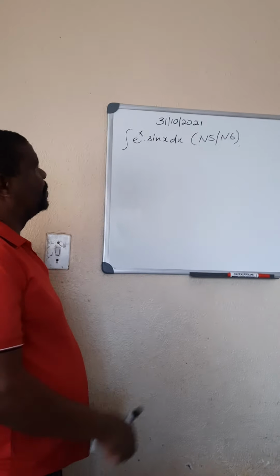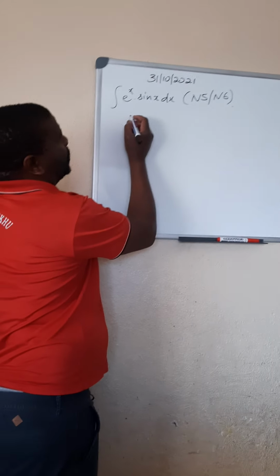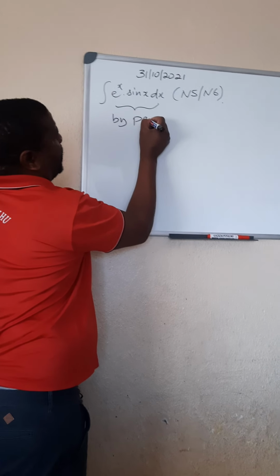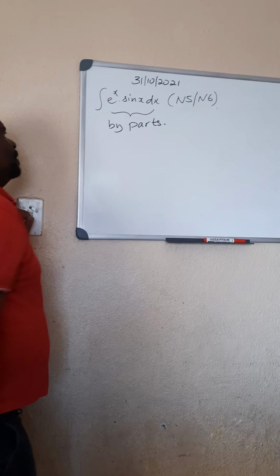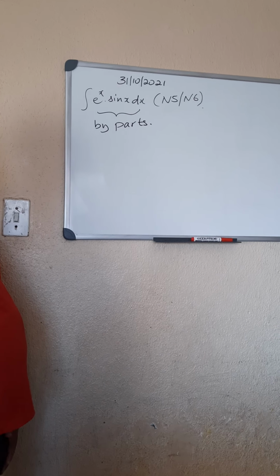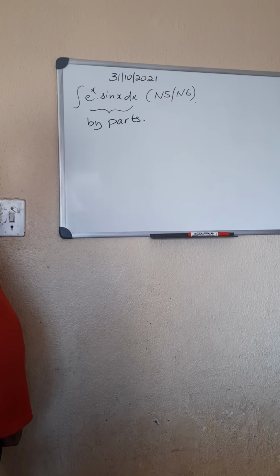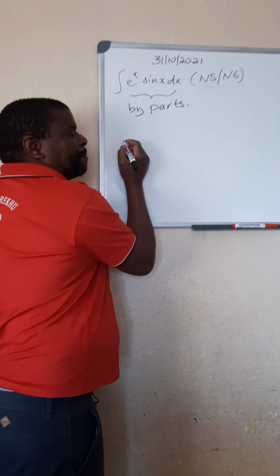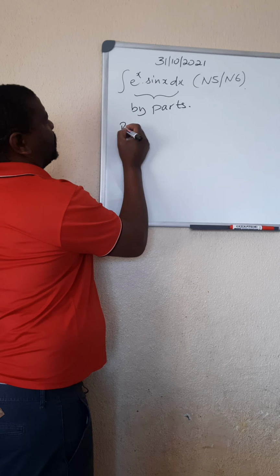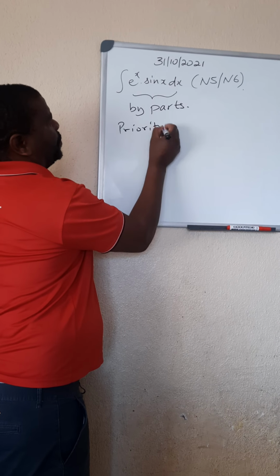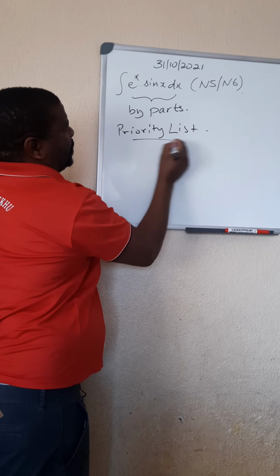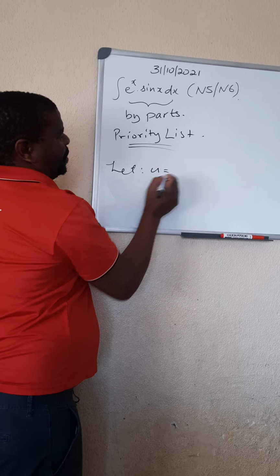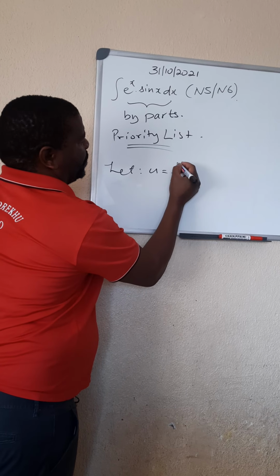So here we will realize that we are going to use integration by parts. And then when we use integration by parts, we need to also look at what they call the priority list, where now we need to know when we say let u equal, u will be e to the x.